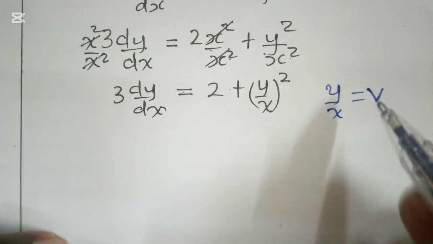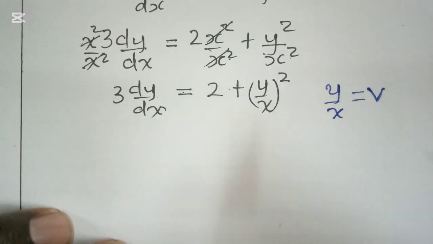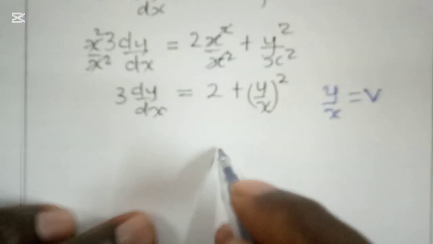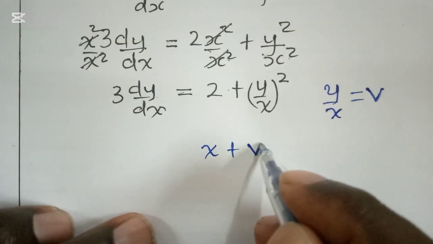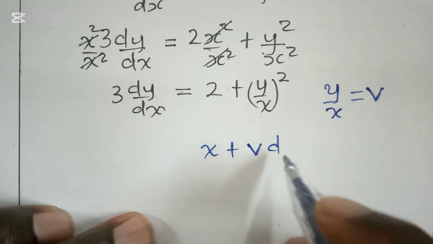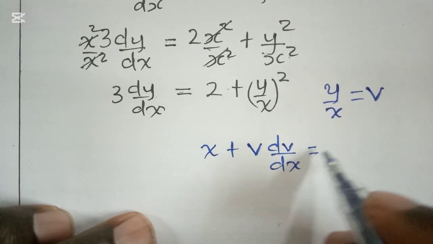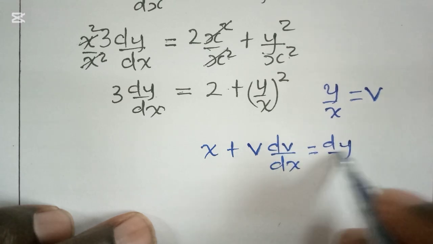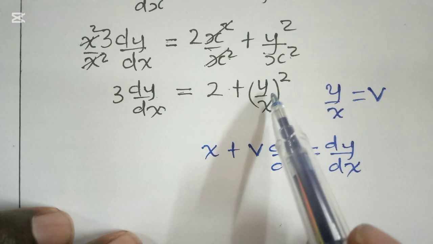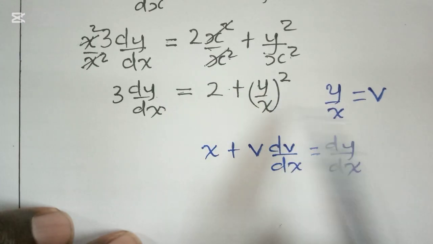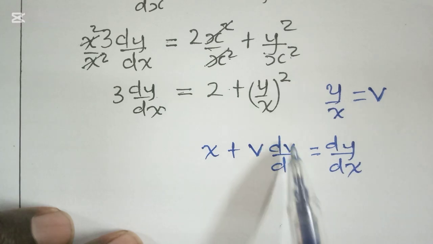When you differentiate that with respect to x, our solution comes to x plus v dv dx equals dy over dx. So we are going to replace y over x with v, and we replace dy over dx with this equation.